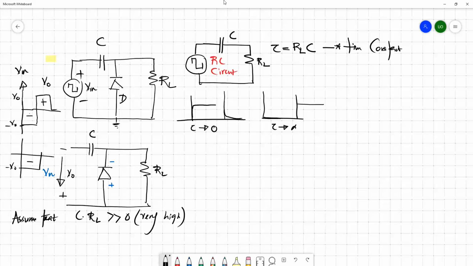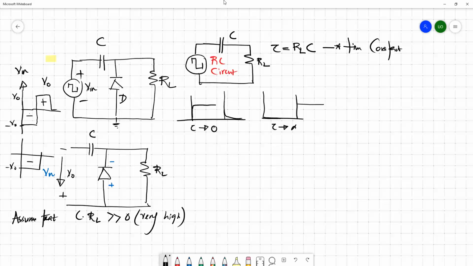So we can simplify a circuit where you have R and C. For this RC circuit, we define a time constant, which is the product of RL and C. For the time being, we'll assume that this time constant is very, very high.